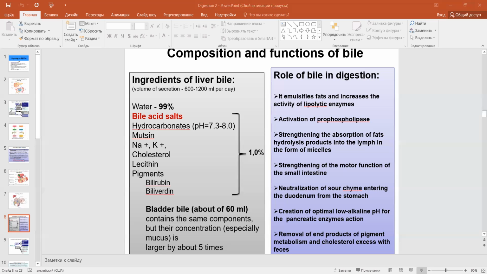Intestinal mixing movements break up large fat droplets into smaller ones. These small droplets would quickly recoalesce were it not for bile salts absorbing on the surface of each droplet and creating a shell of water-soluble negative charge.